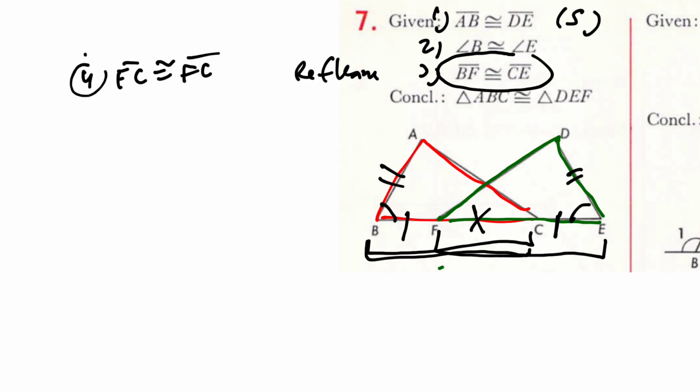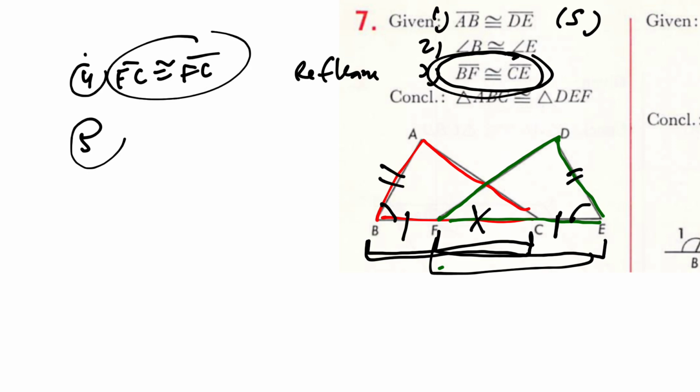I can't yet say BC equals FE, although eventually I am. In step 6, sorry, it is going to be step 5, because I already have that BF equals CE, and now I combine those two things together.